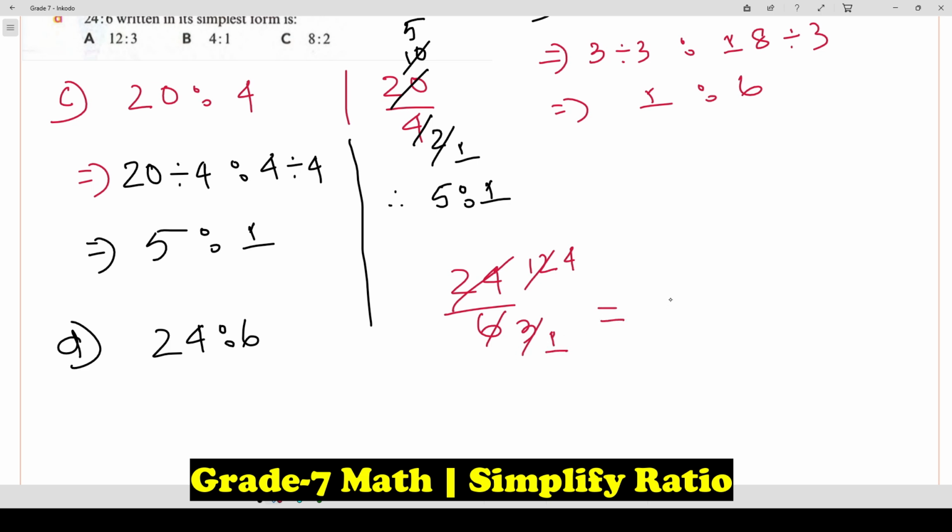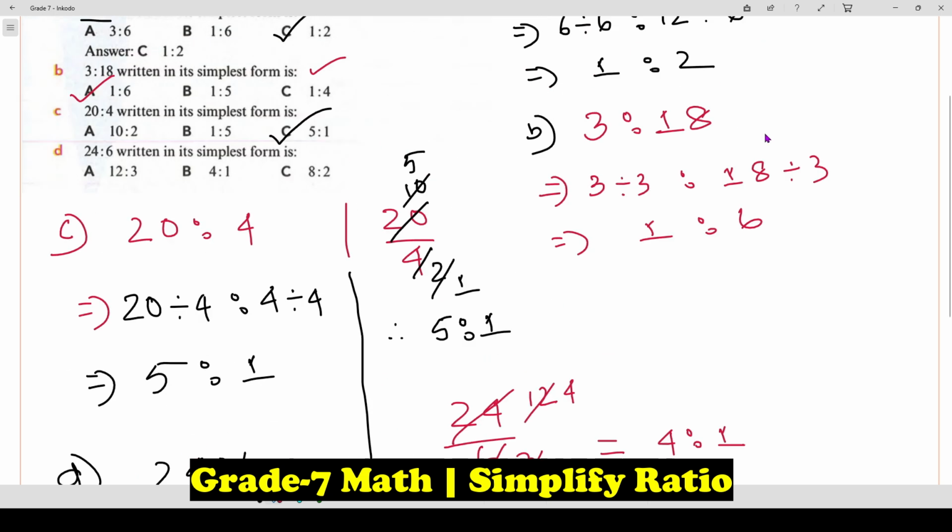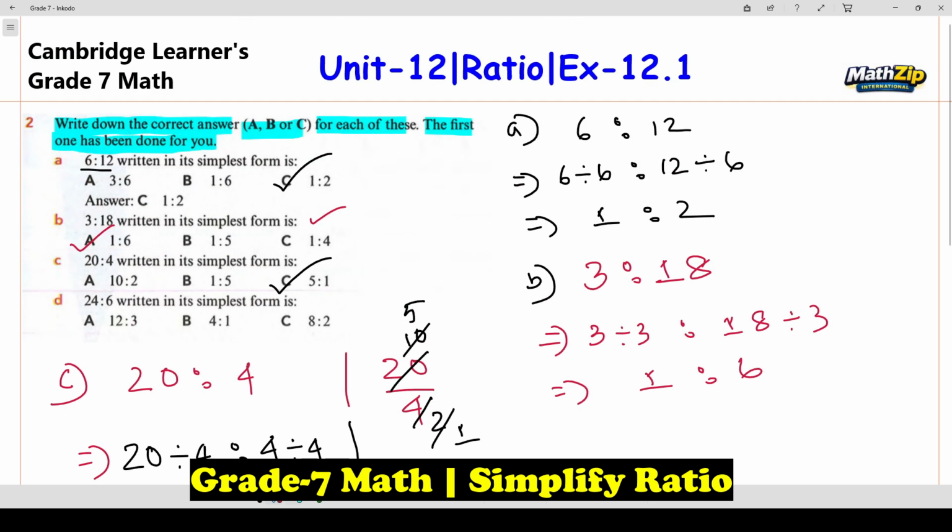So the answer is 4 is to 1. Same thing, we can divide 24 by 6. So 24 divided 6 will be 4, and 6 divided 6 will be 1. So our answer is 4 is to 1. Number B is our right answer.